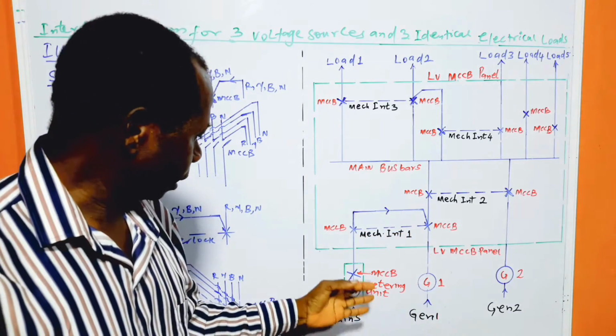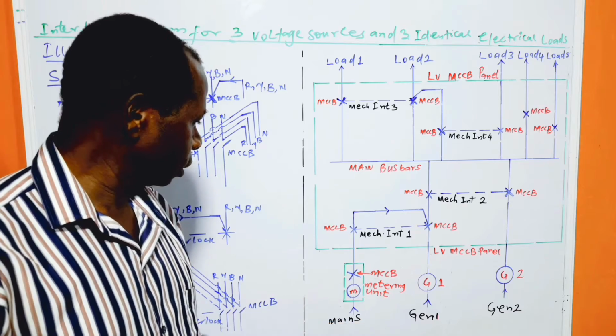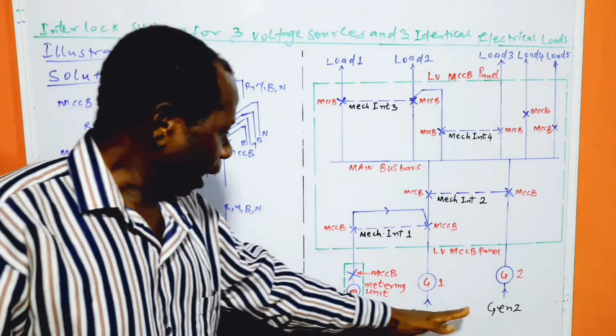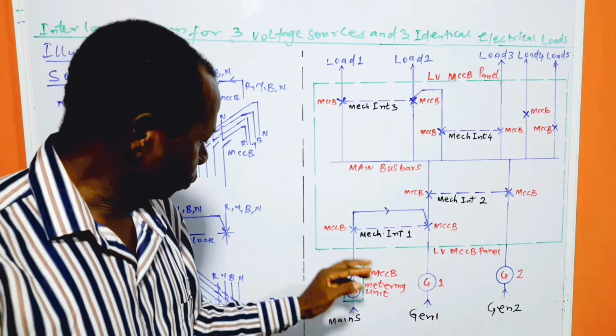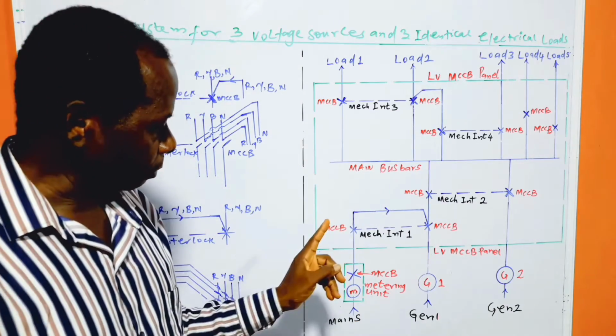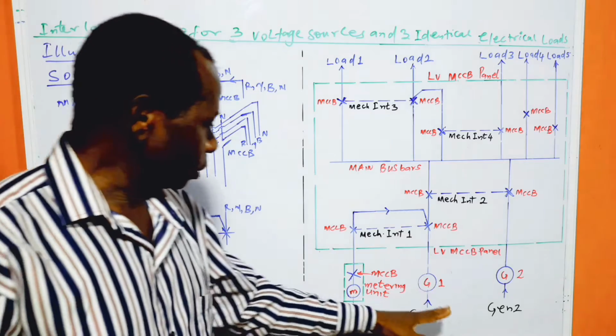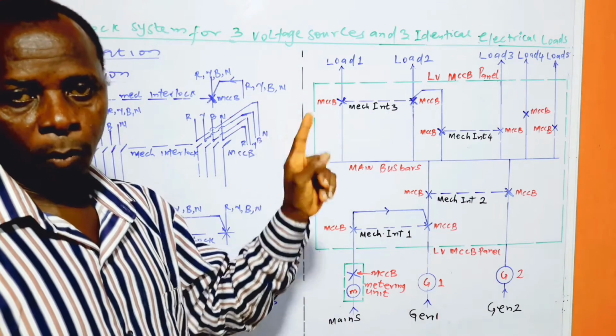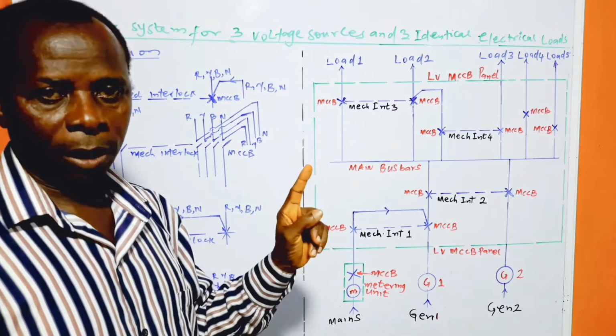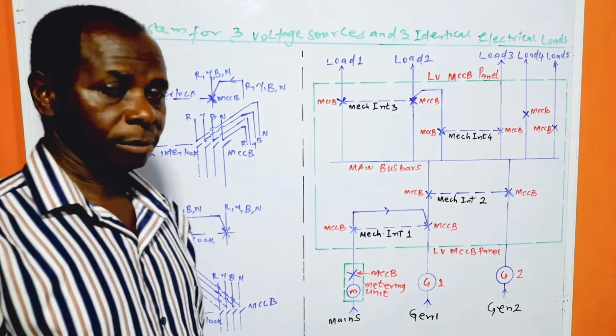So as I said here, this is the metering unit, and here, as for the power sources, only one power source could be selected at a time. Two power sources cannot be selected at a time. We only want one to be selected at a time.